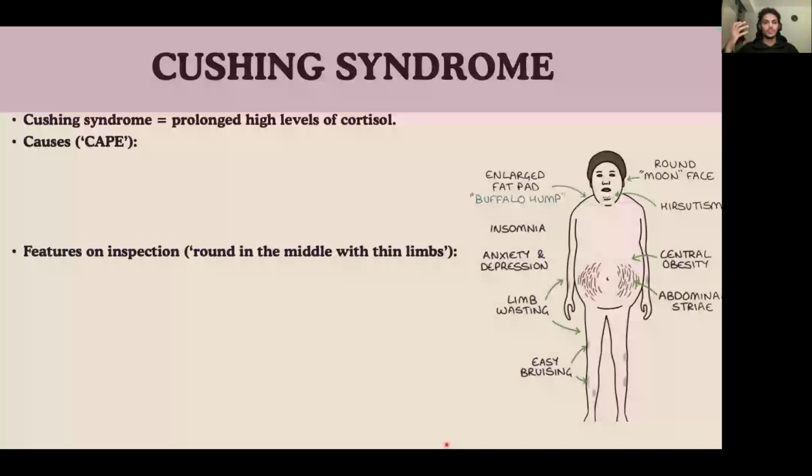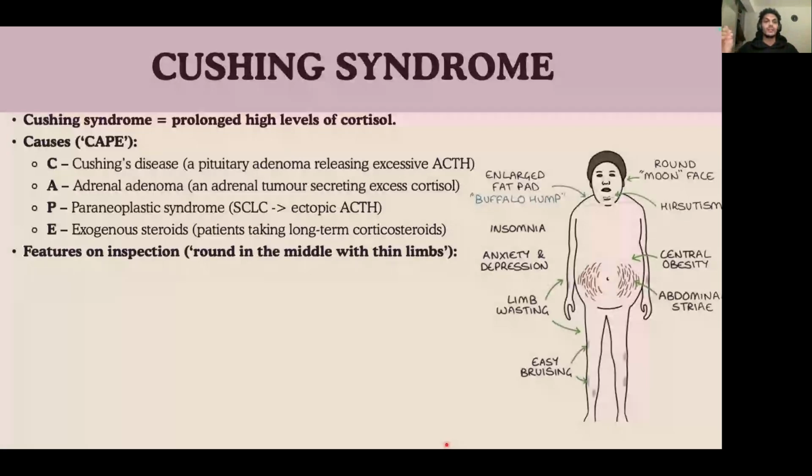And if you link that back to the adrenal axis we just saw, the excess ACTH is going to act directly on the adrenal gland and lead to excess production of cortisol. And because it's an adenoma, it's not dependent on stimulation. It's just autonomously producing ACTH by itself, resulting in autonomous or unregulated production of cortisol.